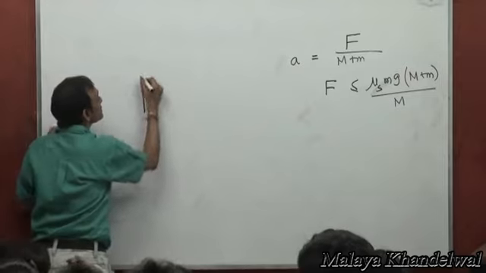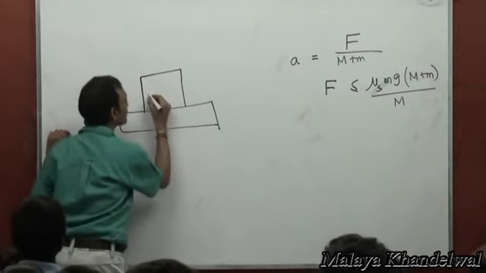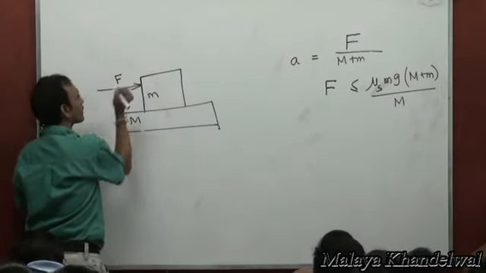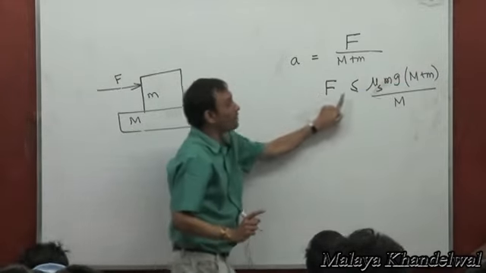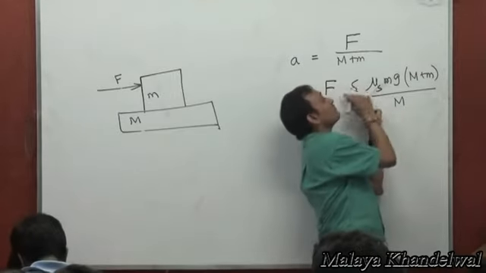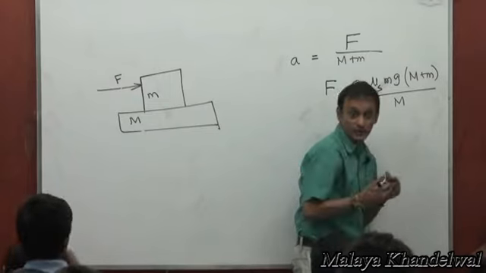Now in this case, the minimum value of F required to cause relative motion between the two surfaces is this. Because if F becomes just larger than this, there would indeed be relative motion between the two surfaces.